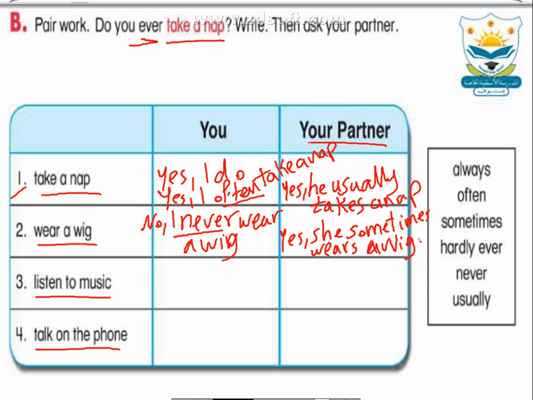Okay, I will leave the rest of the words for you. And let's read the adverbs of frequency again together. Always, 100%, often, sometimes, hardly ever, never, usually. Okay?